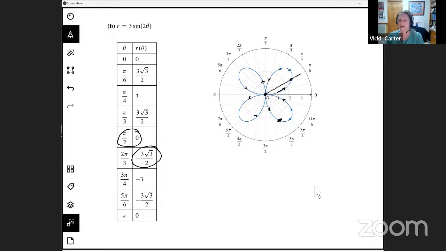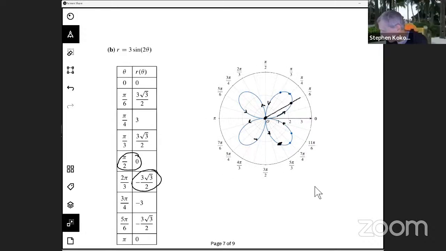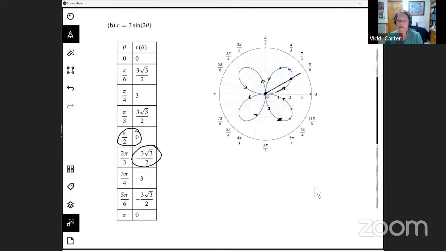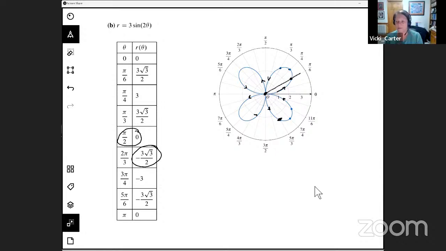Good. Okay, I am going to throw something in that I like to talk about, especially with the roses, because I think it helps students visualize what's going on. If they've ever played with a spirograph, they've made roses. They've just made some that are much more complicated than what we've done. I used to let mine have a few minutes of playtime with the spirograph.